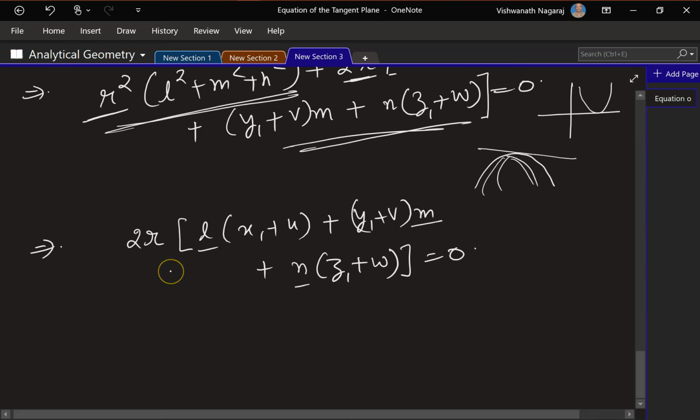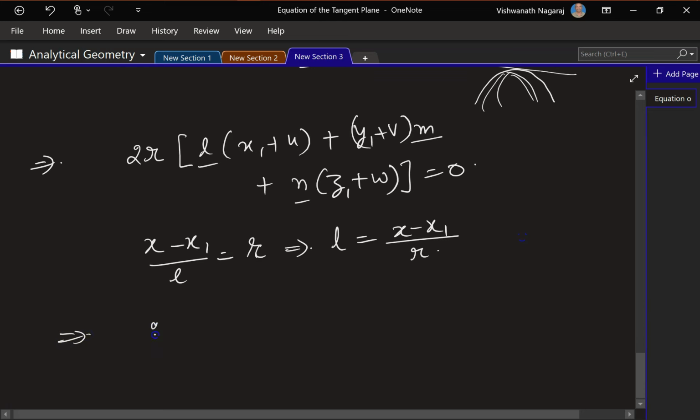Remember in the beginning we did something like this. We said (x minus x1) by L equal to R. If you want to get rid of L, you have to write this in terms of L. So L would be equal to (x minus x1) by R.